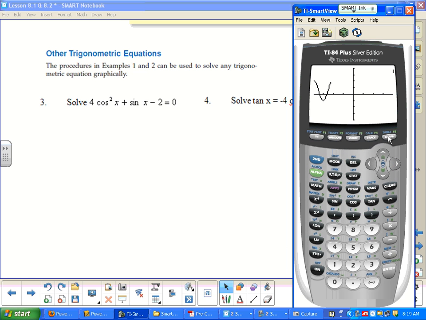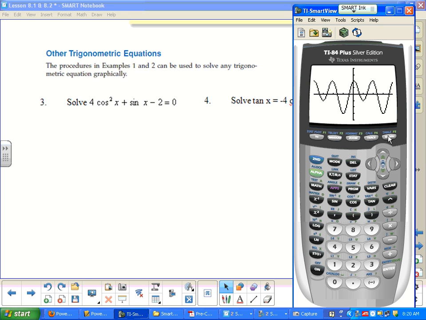And so we've got to figure out what the period is. We graphed it, and we have to figure out what the period is. When I look at this graph, in Zoom 7 mode, it's from negative 2 pi to 2 pi. So how many cycles do you see graphed there? 2 of them, right?